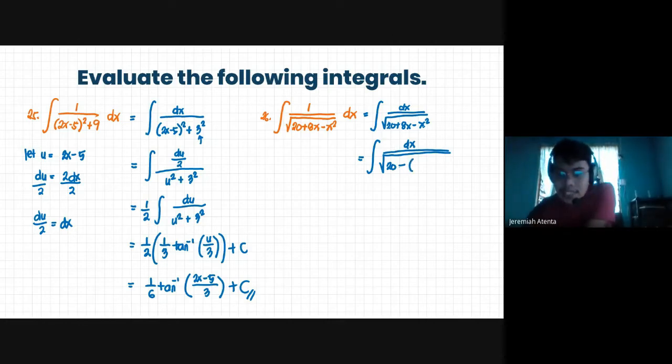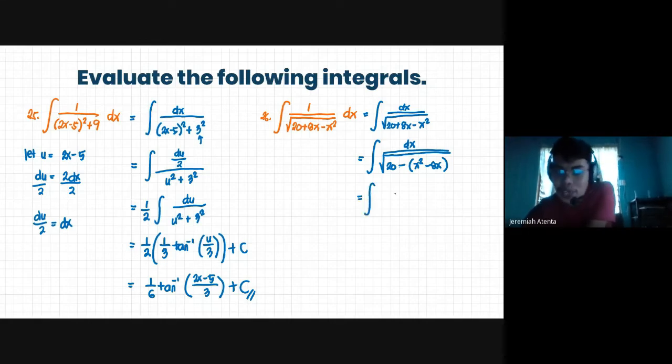So, we will have minus si x squared. Okay? So, 8x divided by negative 1. So, you have negative 8x. Ayan. If you will distribute the negative sign, babalik yan sa original form. I hope naka-follow tayo.